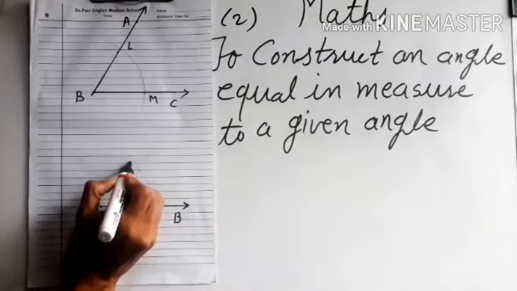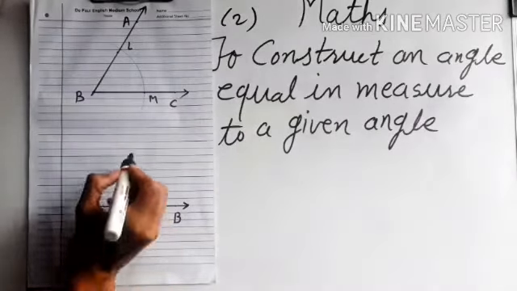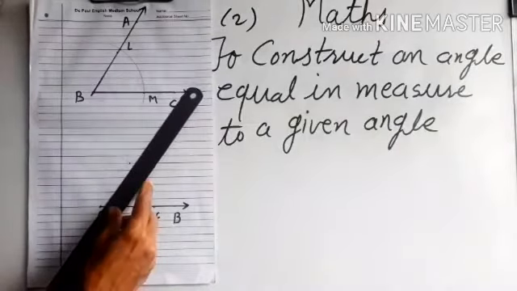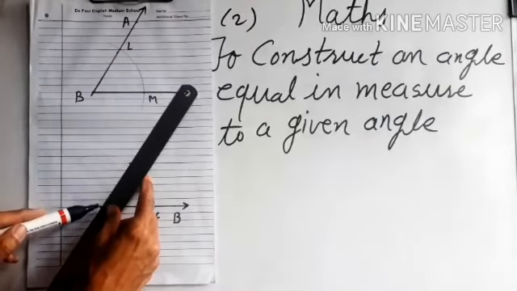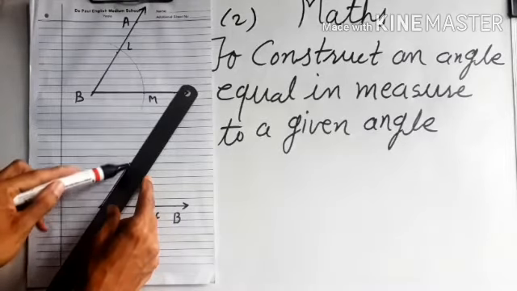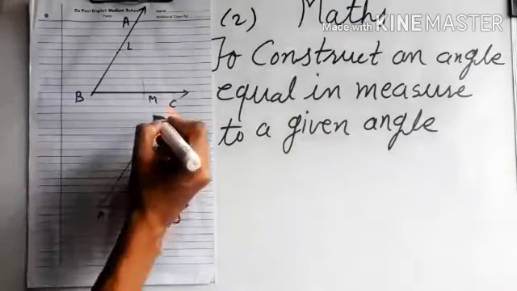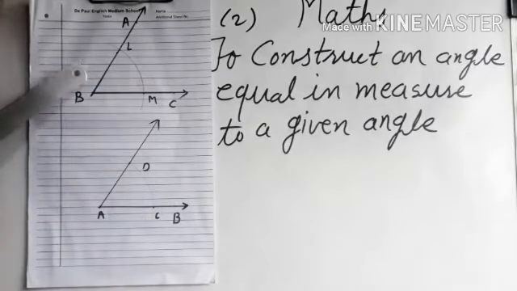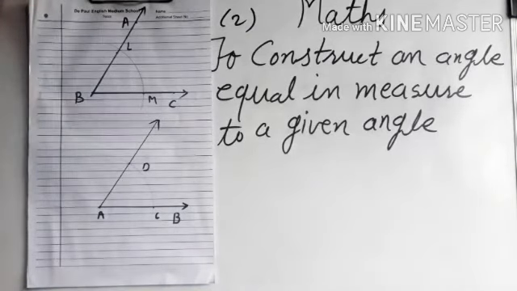This is one point of intersection, let's name it D. Then you have to draw one more ray from point A through D, so join AD. This is your new angle. We construct a new angle which has a measure equal to the given angle. One angle ABC will be given to you, and then we have drawn one more angle.